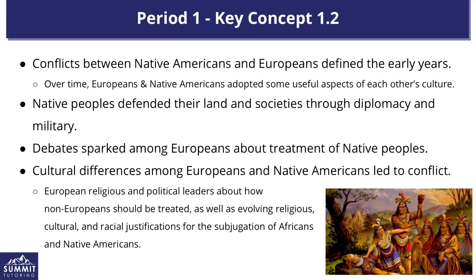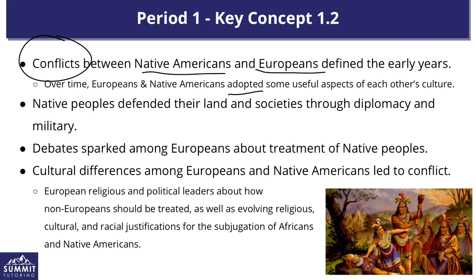And we're also going to start to see some conflicts. A lot of conflict is going to happen here. First, we're going to start to see some conflict between the Native Americans and the Europeans during these early years. And even though they would adopt some of the useful aspects of each other's culture, this conflict is still going to happen.